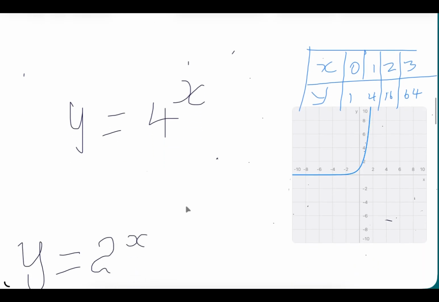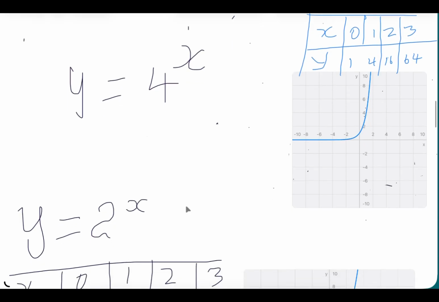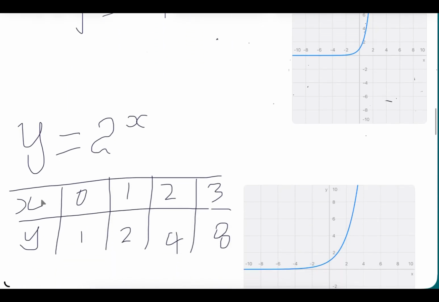Now for y equals 2 to the x, making a table of values. When x is 0, y is 2 to the 0, which is 1. When x is 1, y is 2 to the 1, which is 2. When x is 2, y is 2 squared, which is 4. When x is 3, y is 2 to the third power, which is 8.